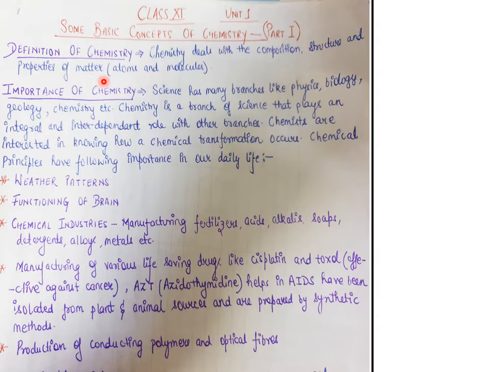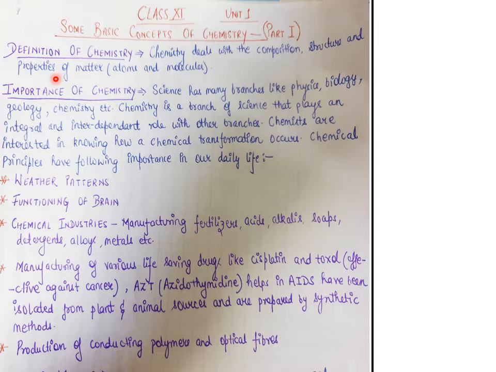And what do you study for matter? You study the composition of the matter, you study the structure of the matter, how it is made, and you study the properties of the matter, the physical and chemical properties.